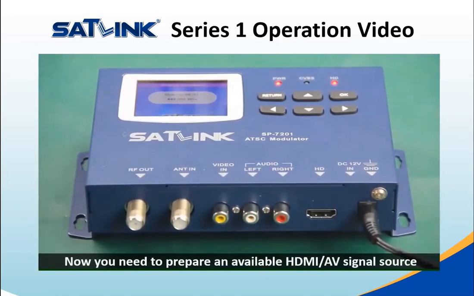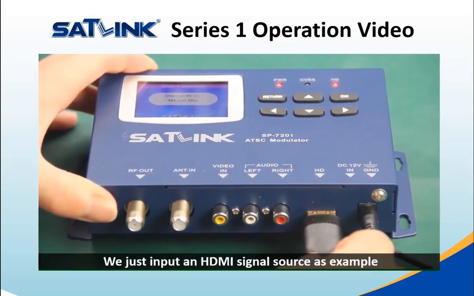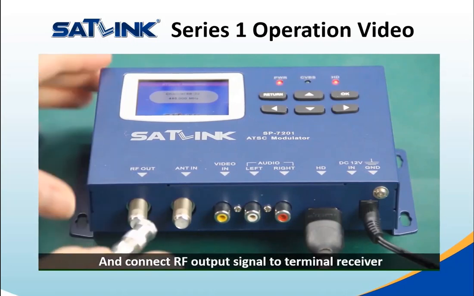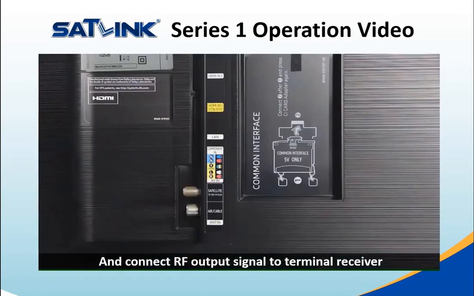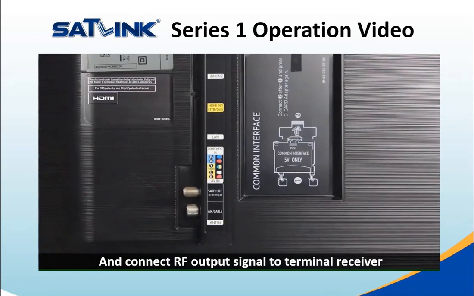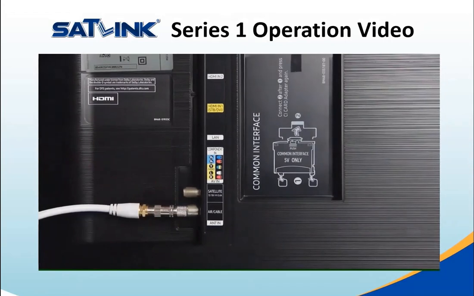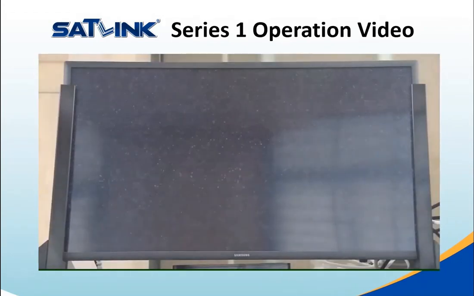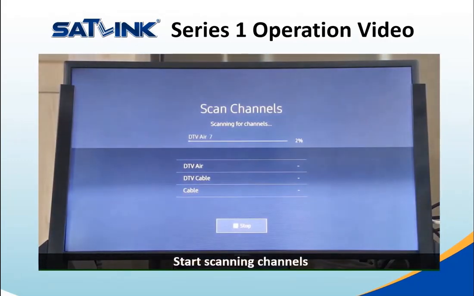Now you need to prepare an available HDMI AV signal source. We just input an HDMI signal source as example and connect RF output signal to terminal receiver. Start scanning channels.